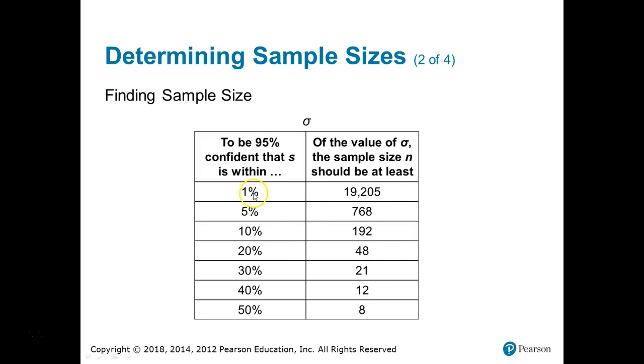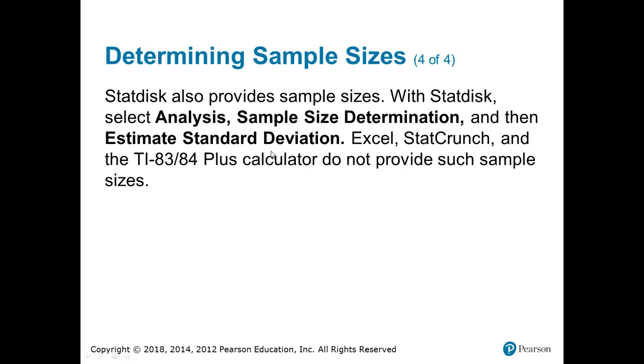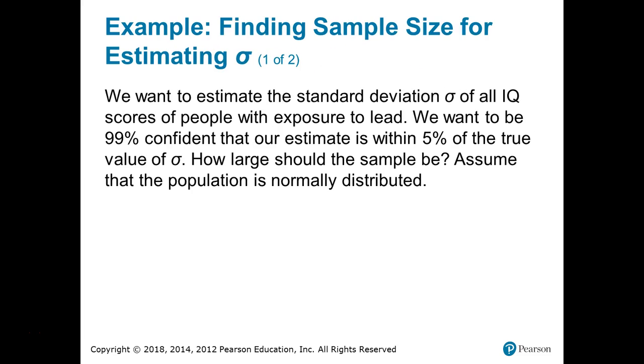Obviously, the more confident you are, the larger the sample size you need, and the less confident you are, the smaller the sample size you should need. Then this table right here is for 95% confident and 99% confident. StatDisk also provides sample sizes as well. See the Word document that is included within the module.